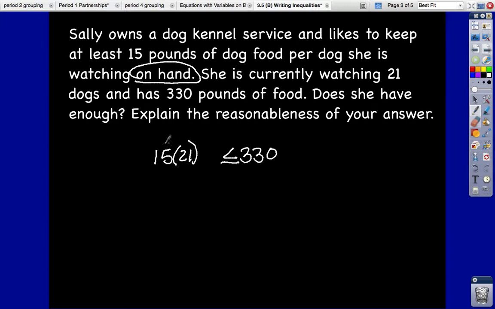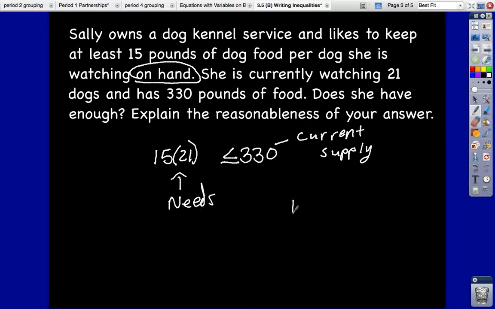So if this inequality is a true statement, then we know she's okay. If it's a false statement, then that means she needs more dog food than she currently has. So this number represents her current supply. And this number here represents her needs for her dogs.